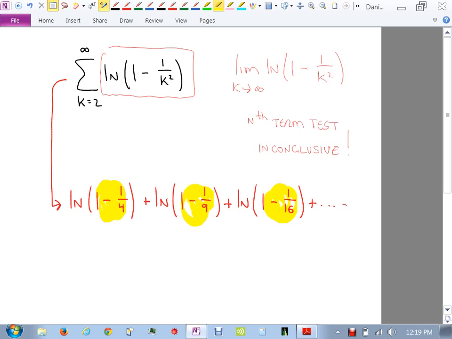When you add these up, you can use log properties to combine them, and they get bigger and bigger. Absolutely. They have the same base, so they're adding. When you put two logs together through addition, can you put them into one log? Make it multiplication? You could do that.